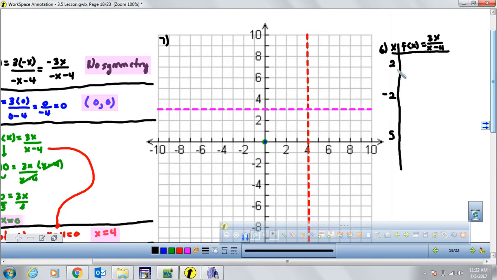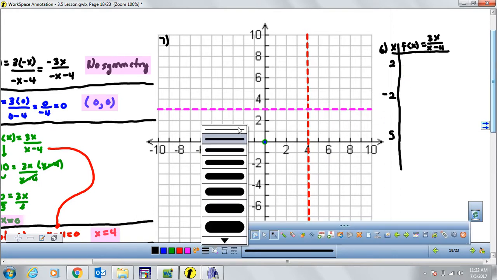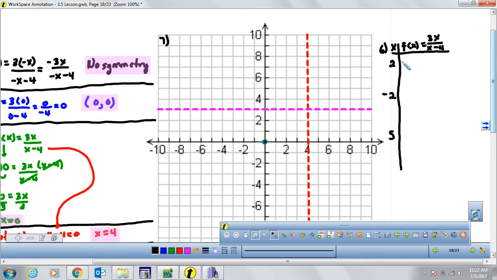So now, for 2, we're going to find the value of y by replacing the x's with these values. So that would be 3 times 2 divided by 2 minus 4. That is going to give us 6 divided by -2, which is -3. So you get the point 2 comma -3 for that. So 2 comma -3, here it is going to be.